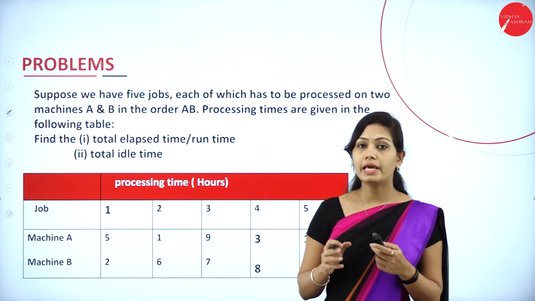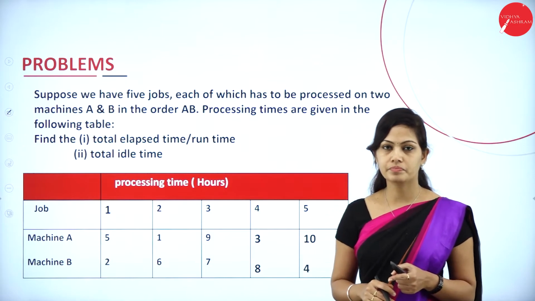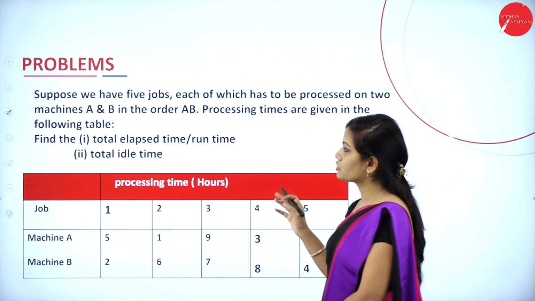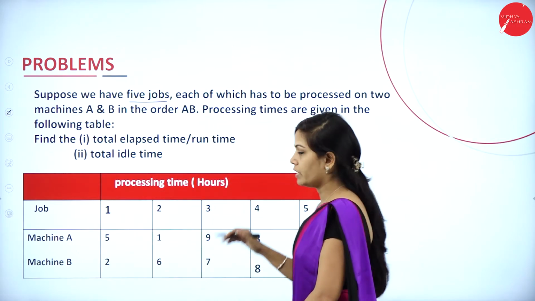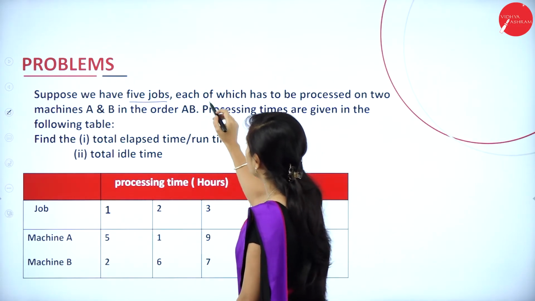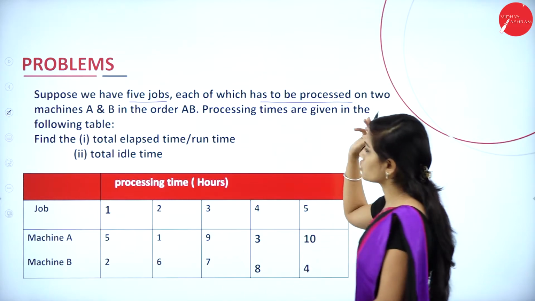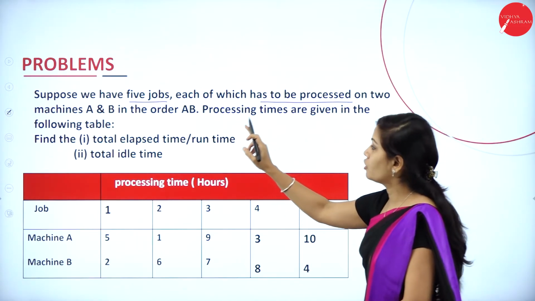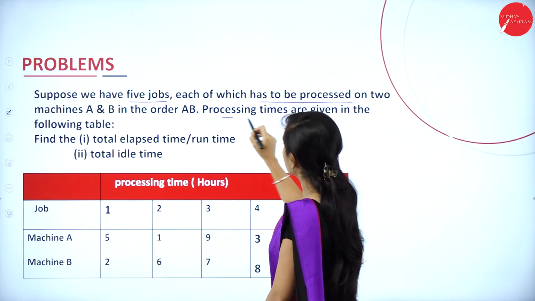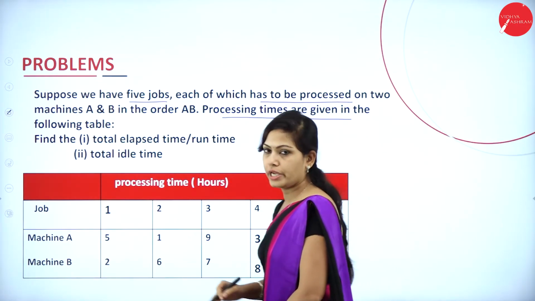Now I will explain with an example. Please listen carefully. First problem: suppose we have 5 jobs, each of which has to be processed on two machines, machine A and machine B, in the order AB. Processing times are given in the following table.